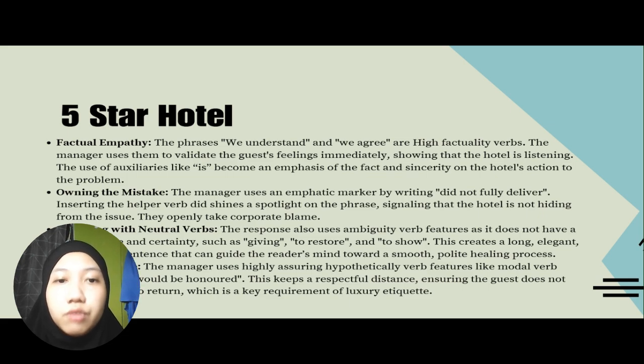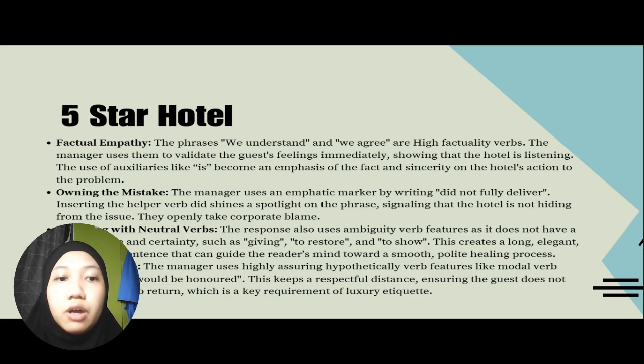This is because the manager wants to validate the guest's feelings immediately, showing that the hotel is responding to the review. They also use auxiliaries like "is" to emphasize the fact and sincerity of the hotel. They also acknowledge the mistake by using emphatic markers like "did not fully deliver to us," so they acknowledge the problems and take the blame.